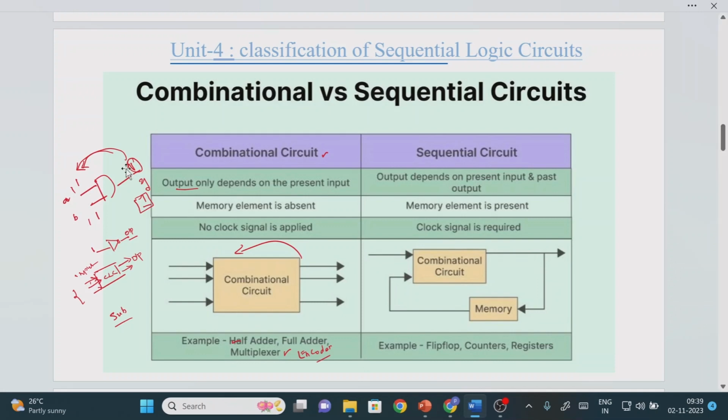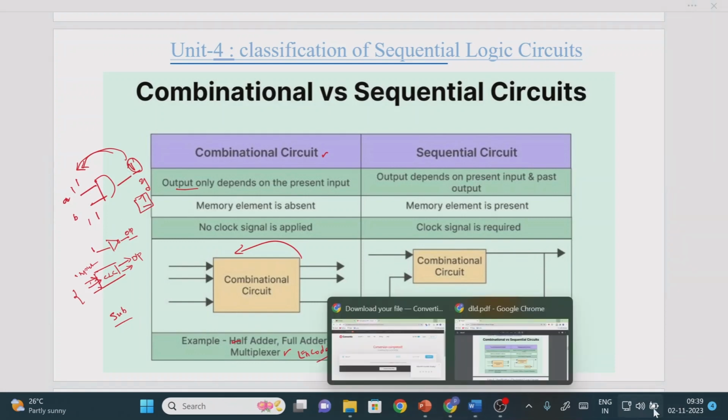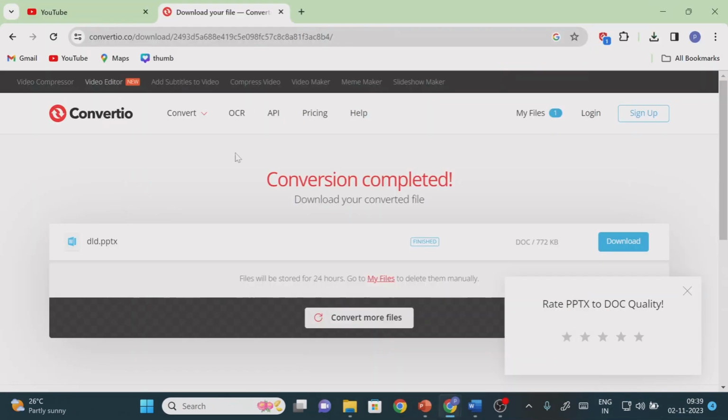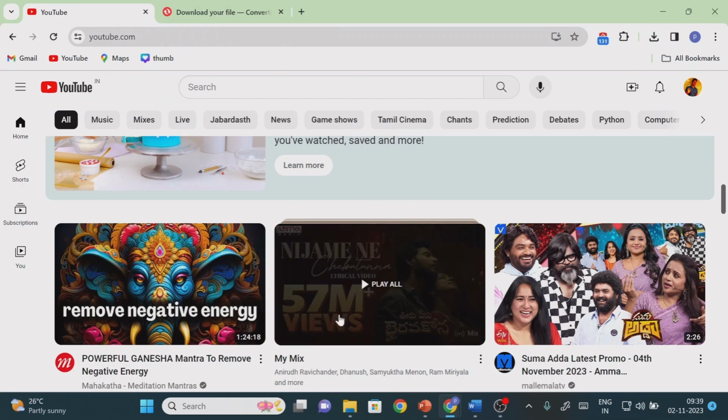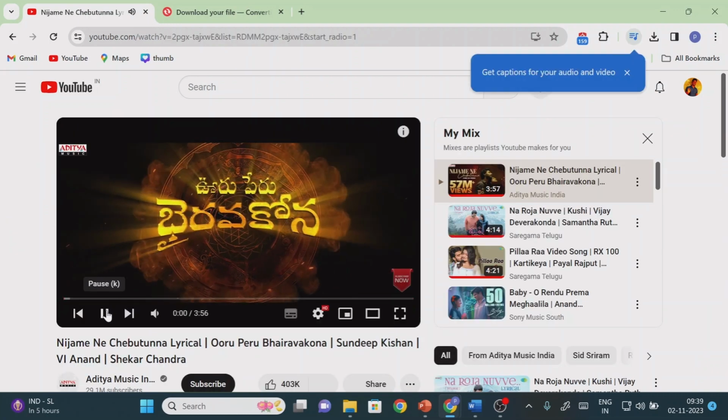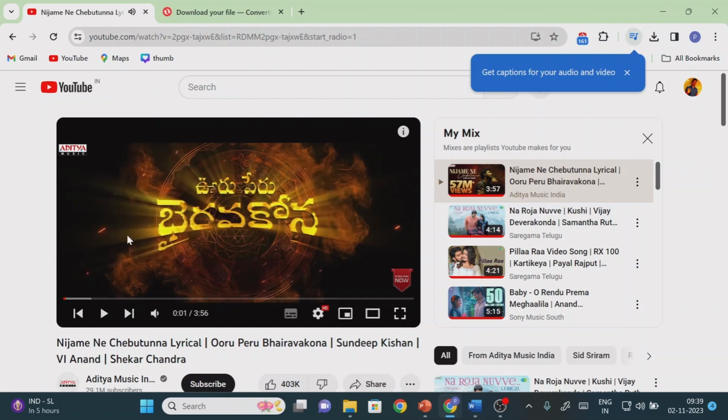If you didn't understand, take an example. I have internet connectivity here, so I go to Google and, for example, play a particular song or program, and it is currently playing. We give some input so that we get the output as the display.